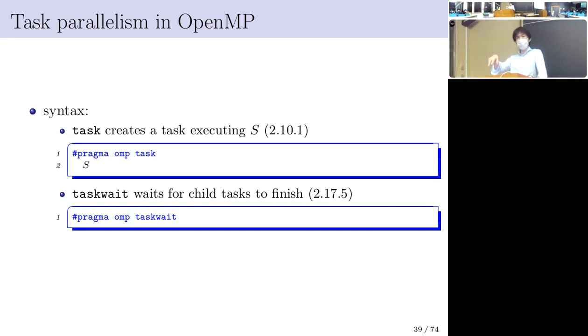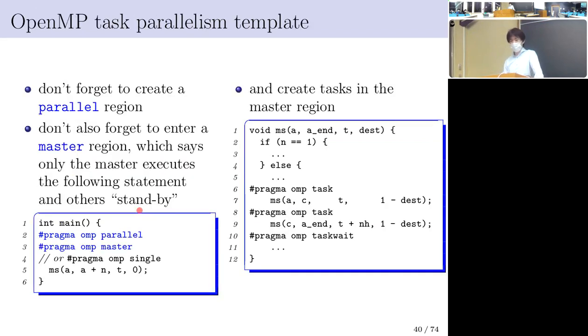During the course of the execution, you can say, here I want to have another task that can be done concurrently. This flexibility is the whole point of task parallelism.